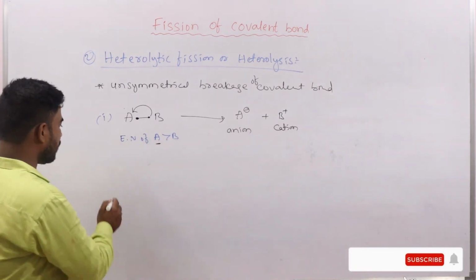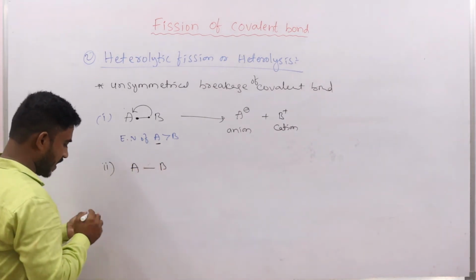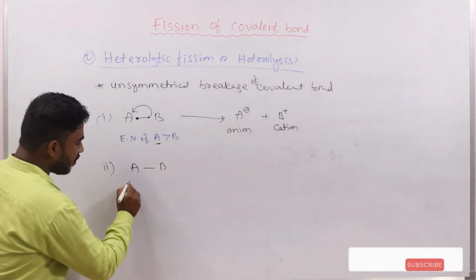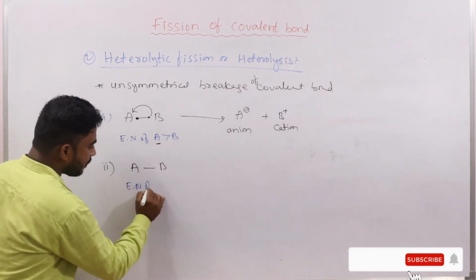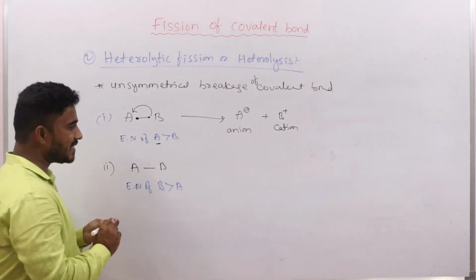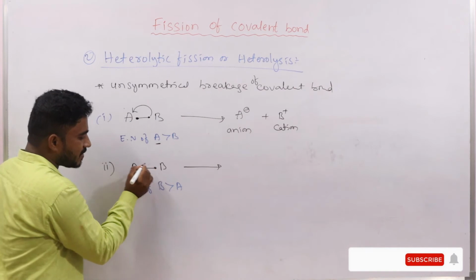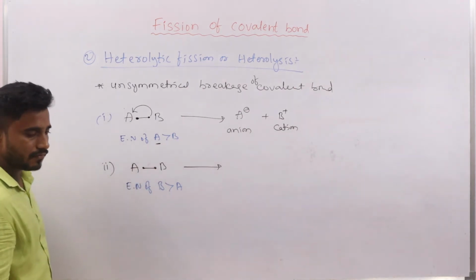Let us see one more. The same AB molecule, but in this case the electronegativity of B is greater than A. What will happen? Two electrons are present in the covalent bond.